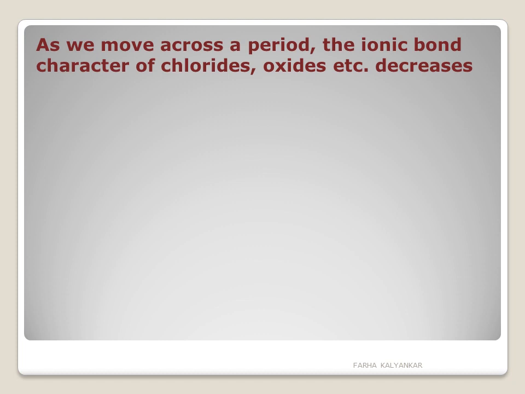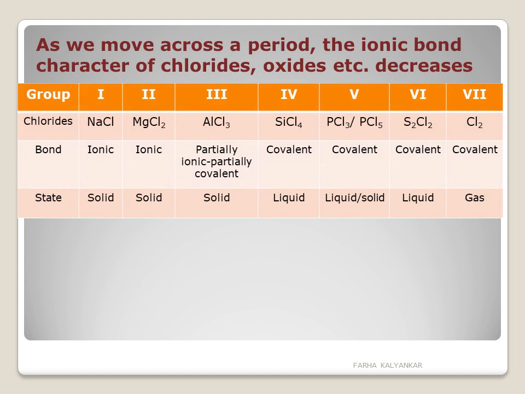As we move across a period, the ionic bond character of chlorides, oxides, etc. decreases. Here I have taken the elements from period 3. As we see over here, the chlorides of the elements of period 3, as we move from left to right, the ionic character goes on decreasing, whereas by the end there is covalent bond being formed with the molecules.